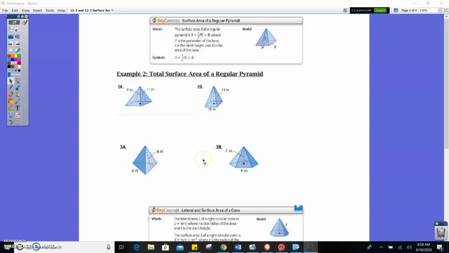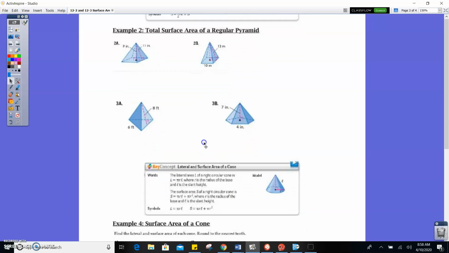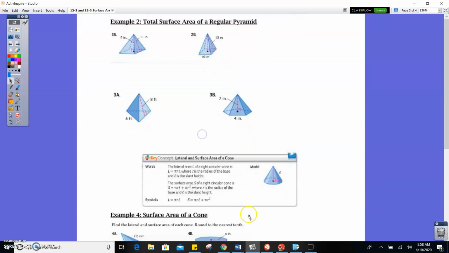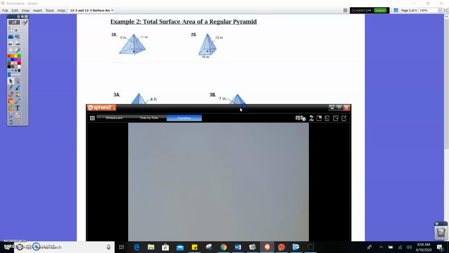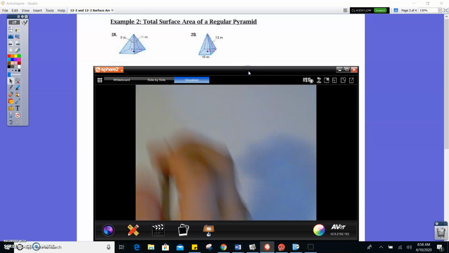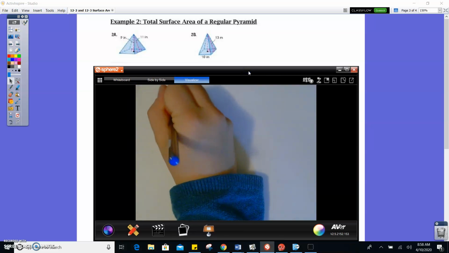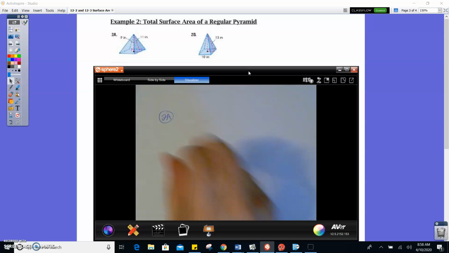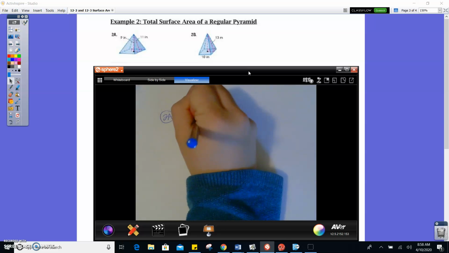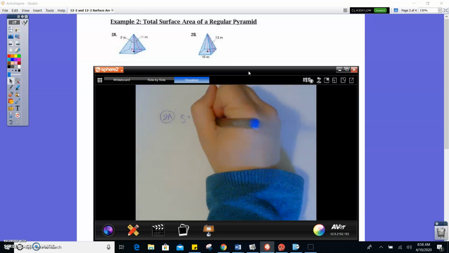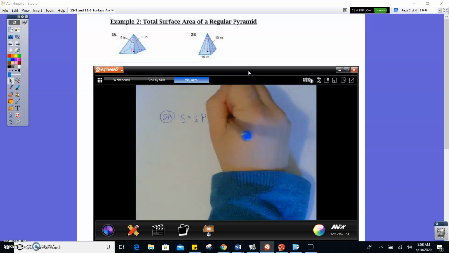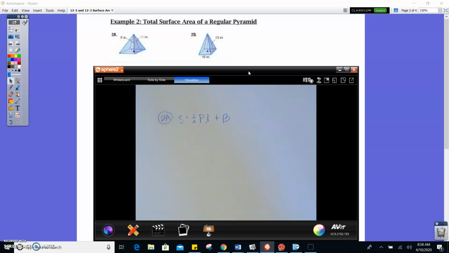So I'm going to drag our notes up, and then I'm going to show our work for 2A and 2B. So for 2A, since we are finding total, my formula was 1/2 perimeter of the base multiplied by lateral slant height plus the area of the base.